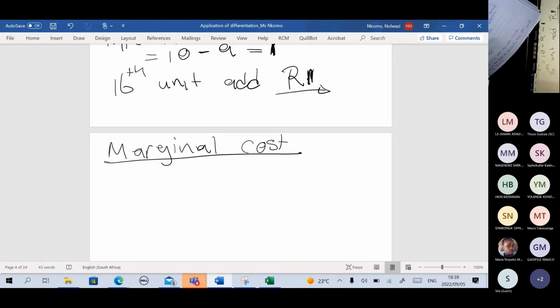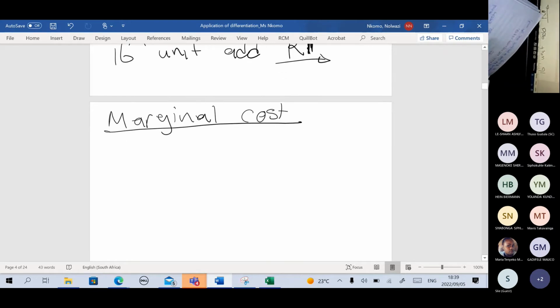The advantage of knowing the marginal cost is that it helps a company understand when it's no longer profitable to manufacture additional goods, right?